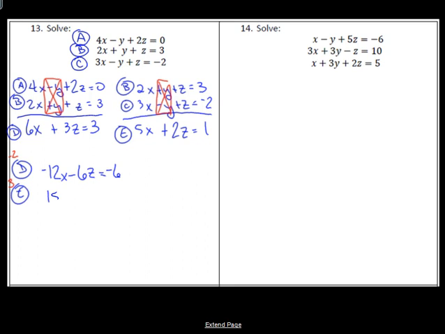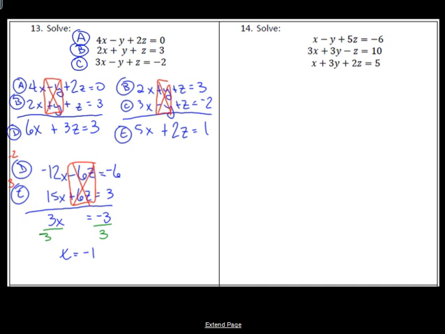Here I have 15x plus 6z is equal to 3. I now add straight down, and in doing so, my z variable this time has been eliminated. I am now left with 3x is equal to negative 3. I divide both sides by positive 3, which gives me x is equal to negative 1.